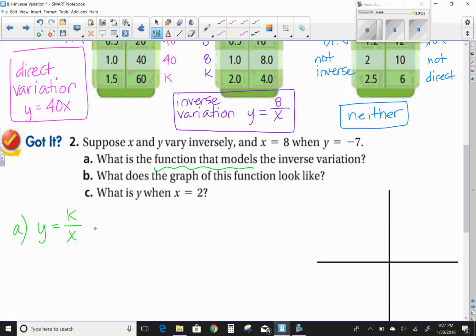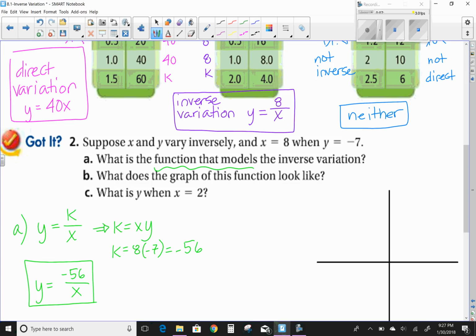And whether you plug them in there or whether you choose to remember that k is equal to x times y, doesn't matter. So k is equal to 8 times -7, which is -56. So my model is y equals -56 over x. I'm just plugging in for my k value to get that model.